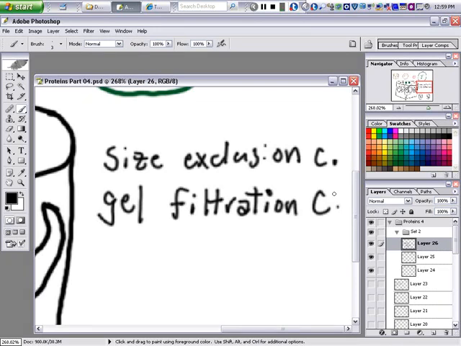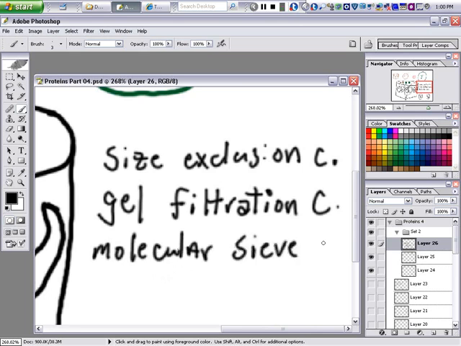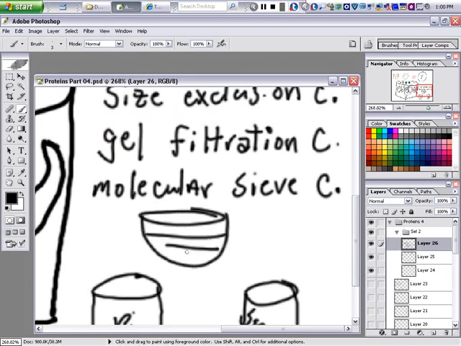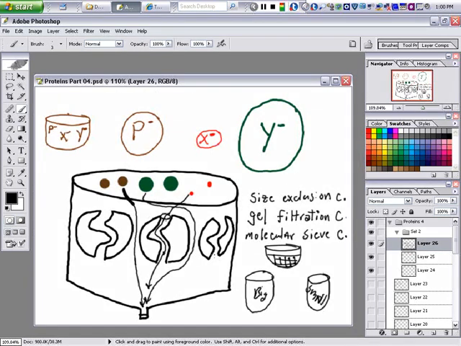Another name is molecular sieve chromatography. You know what a sieve is, don't you? Like a colander, if you're cooking. It's this thing that has all these holes in it. And so basically what that column does, it's like a sieve. It lets the big things through, but it holds the small ones. Make sense? Everyone okay with this?